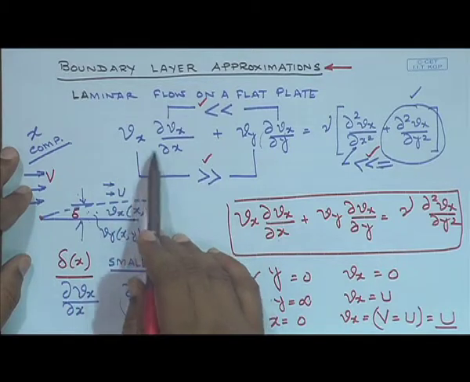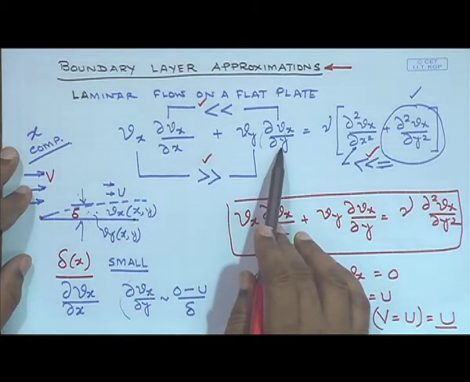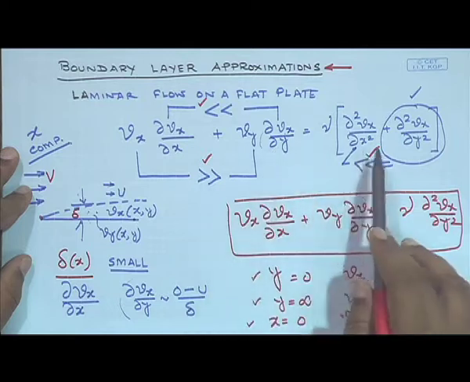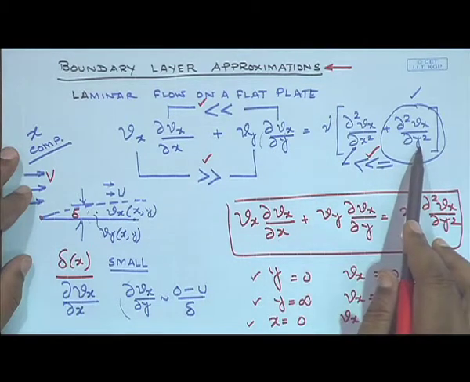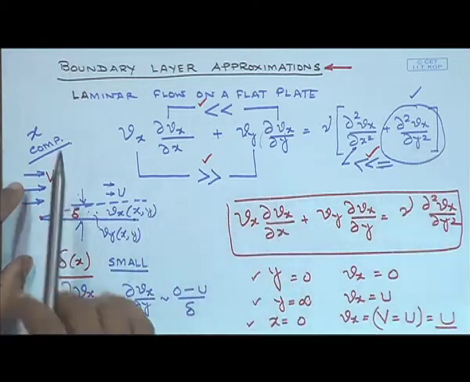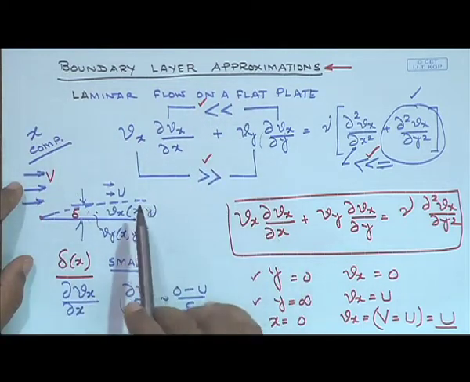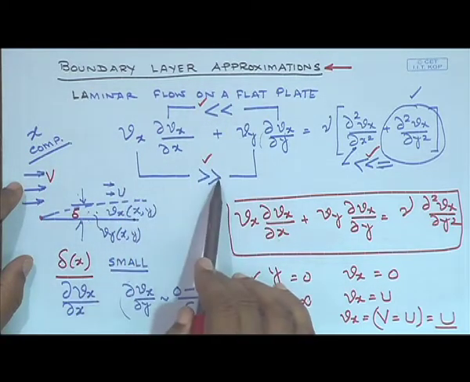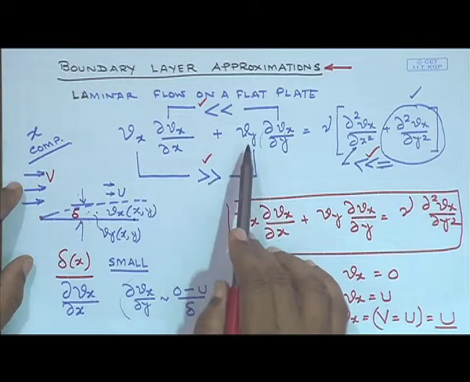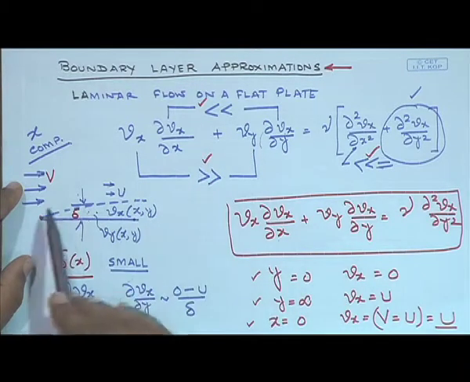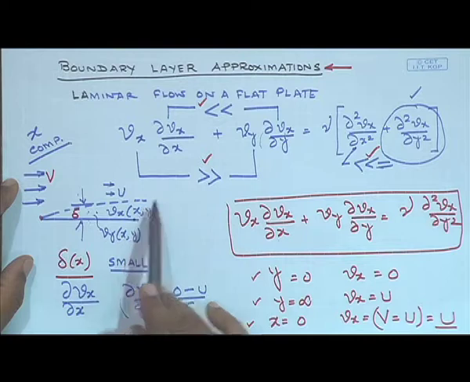So we have four terms in Navier-Stokes equation. The first two on the left hand side, as we have seen before, essentially refer to the convective momentum, and this is the conductive or molecular transport of momentum. And using the boundary layer approximations, what we have seen is that Vx is relatively large compared to Vy, because the principal motion is in the x direction.